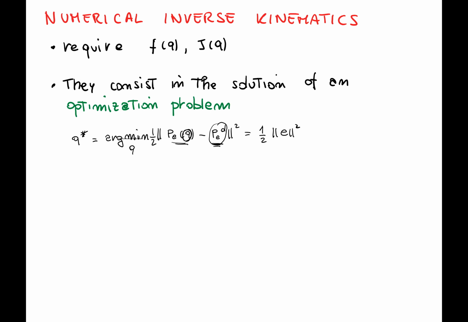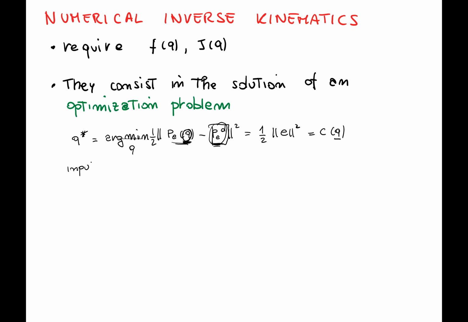So we try to solve an optimization problem that with some iterations finds a sequence of joint configurations that, whenever the optimum is reached, will correspond to the desired end effector position that we want to achieve. So this is a cost function, and remember, it depends on the forward kinematics, which means it depends on the joint variable itself.